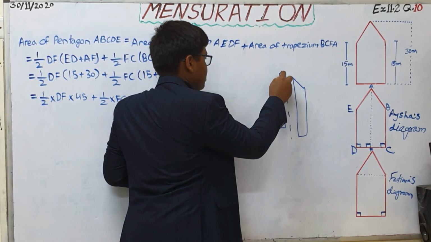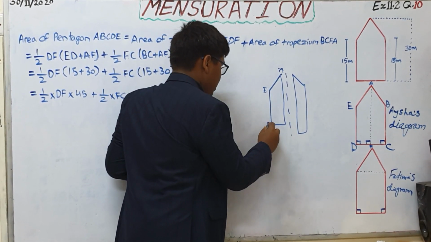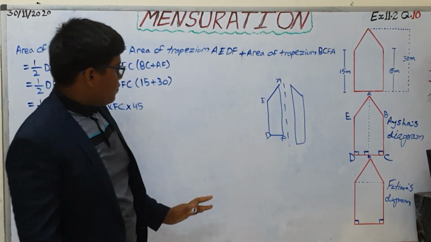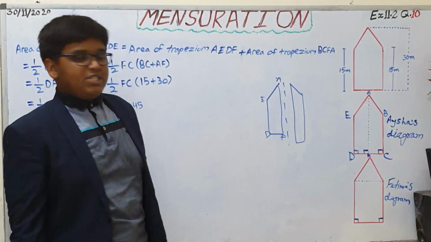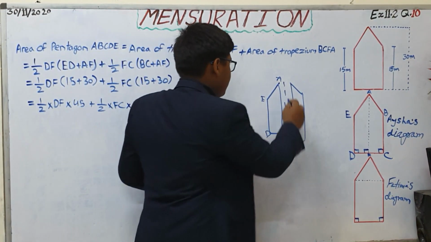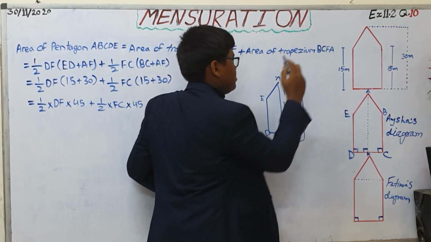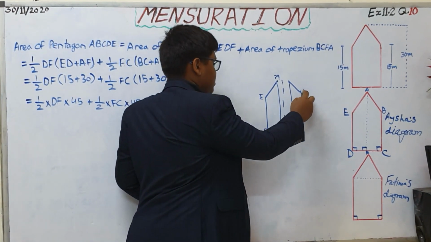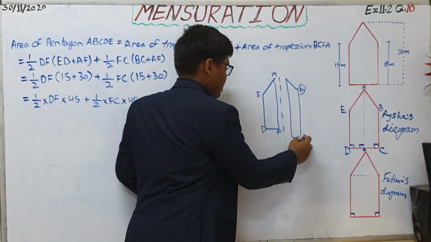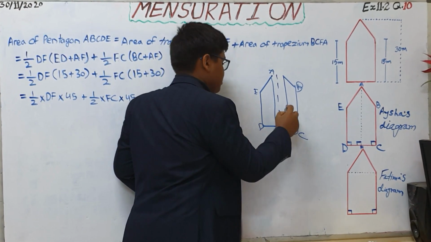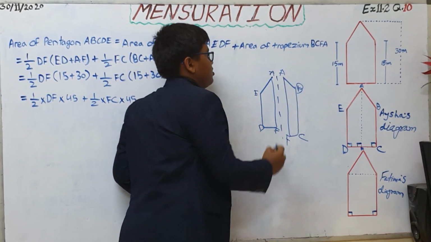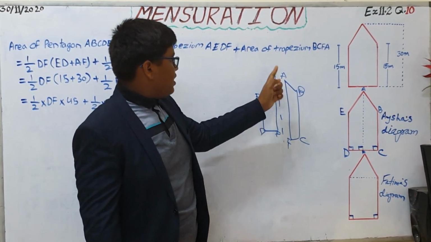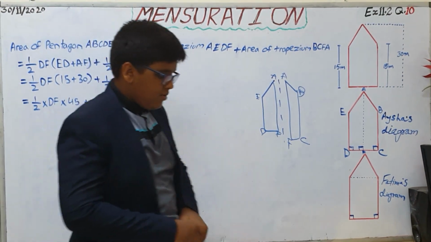The first trapezium is A, E, D, F. Now F is in the middle of both, so we will take it in both the trapeziums. So B, C, F, A. A is also included. So this will be B and C, and this will be F, and this will be A as it is. So this trapezium starting from B is B, C, F, A.